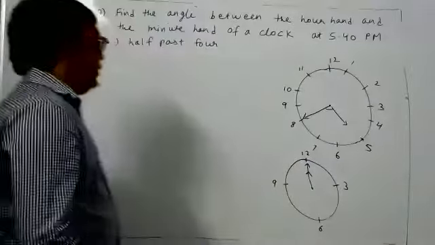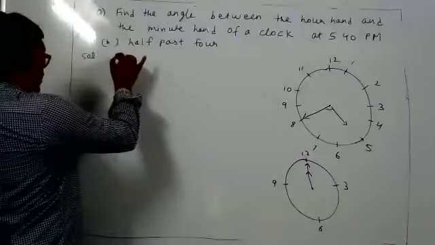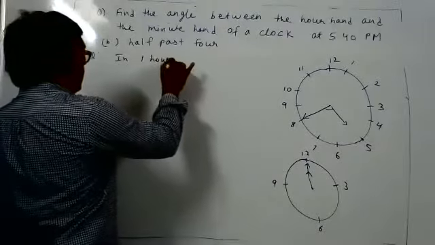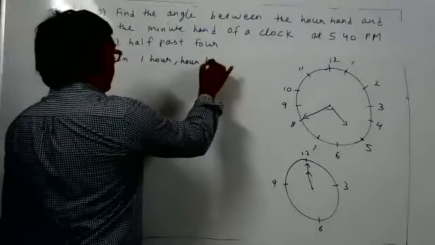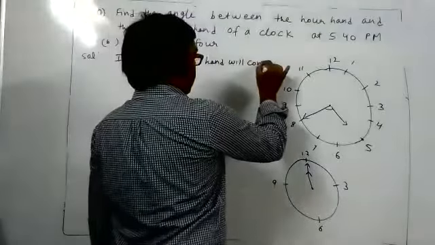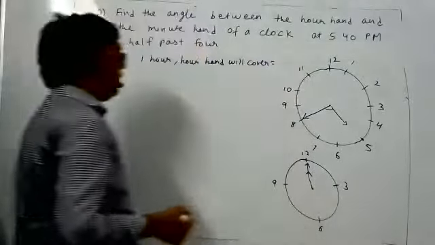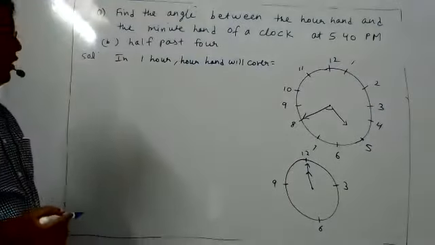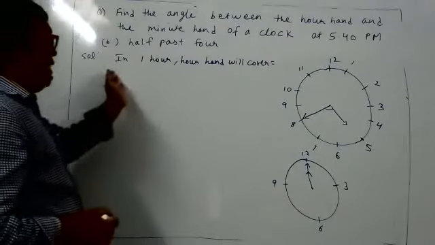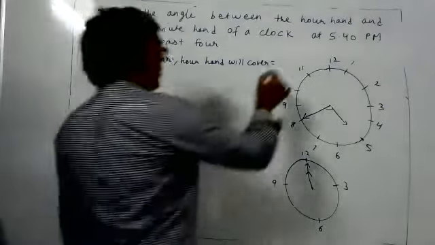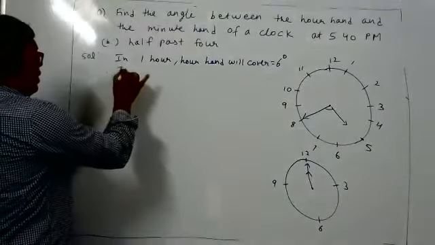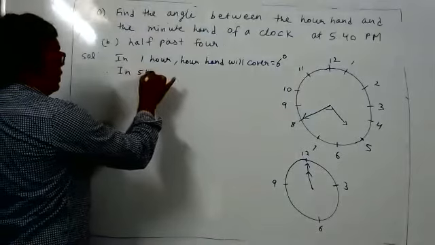Now in 1 hour, our hand will cover how much angle? 6 degrees? Yes, sir. In 1 hour our hand will cover 6 degrees, but I am interested in 5 hours.